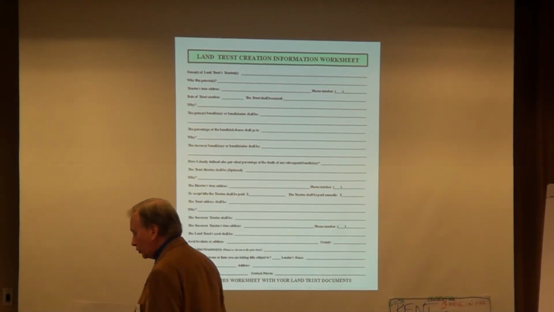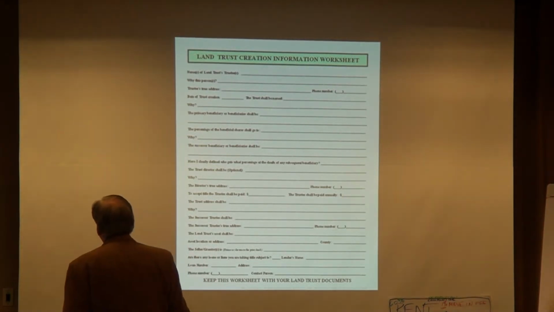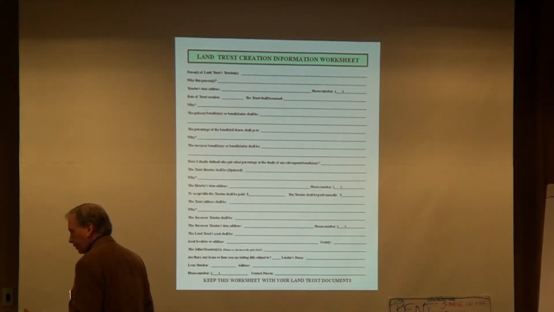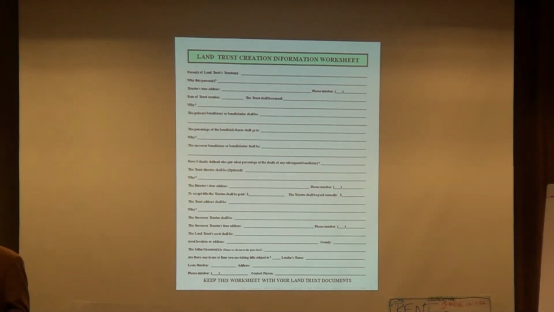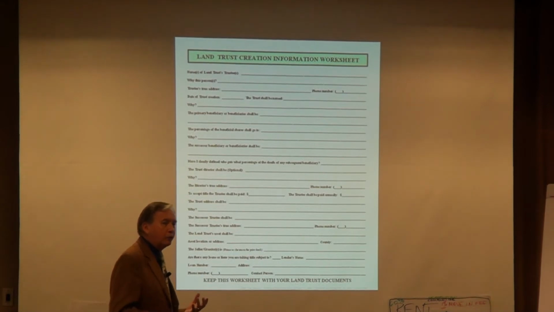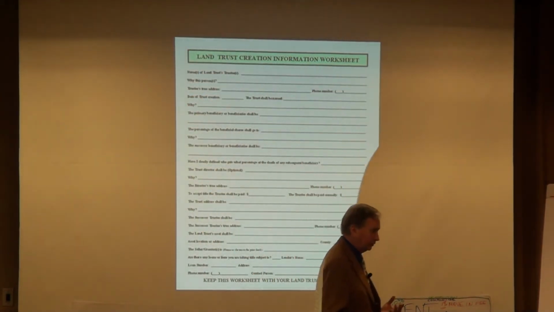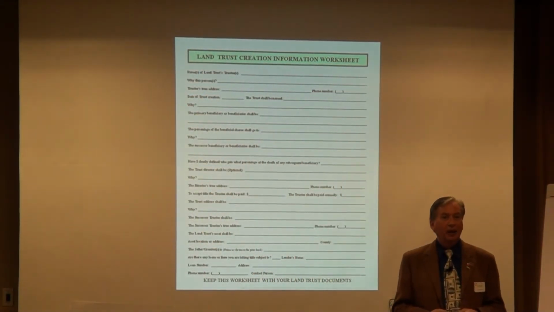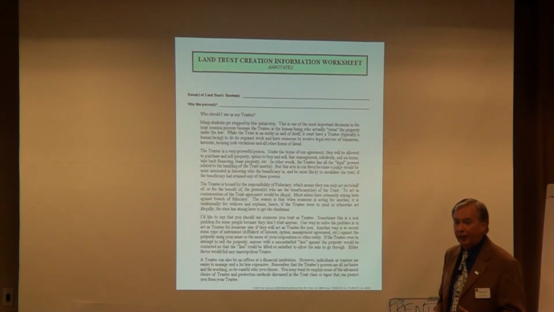The information worksheet is interesting as it asks for the name of the trustee. And you might say to yourself, now that's a good question. Who should I use as my trustee? And how can I protect myself against an unscrupulous trustee that might sell my property out from under me? Could that happen? Yeah. Absolutely. We've got a solution for that.